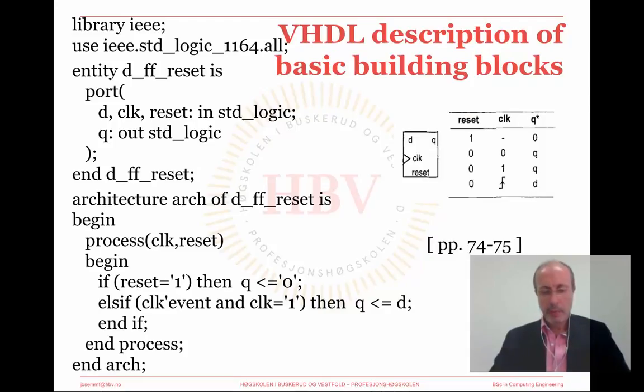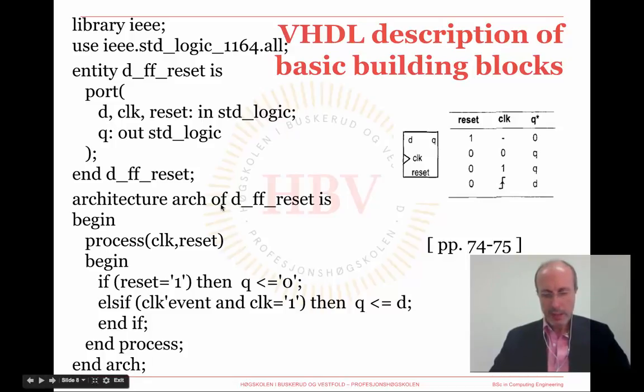So, common to all sequential circuits, we have the need for a basic storage element which can be used as an elementary memory. And that is the role of the D flip-flop circuit, which has the function table shown in this slide. Let's take a look at its VHDL description.